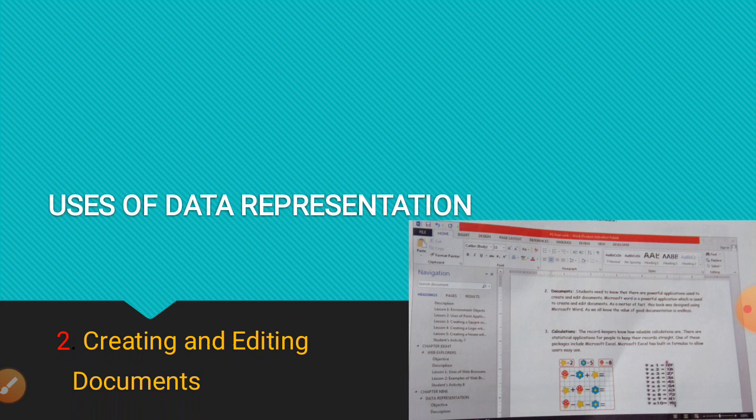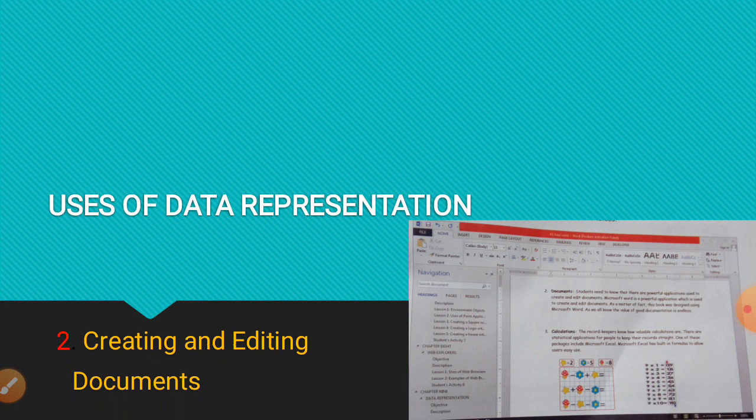If they had not been properly represented, you would not be enjoying those textbooks, reading them today, and getting knowledge from them. And also, we have powerful software applications that we use to do so.